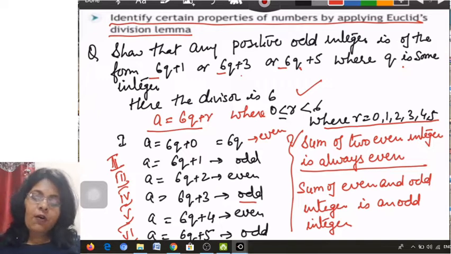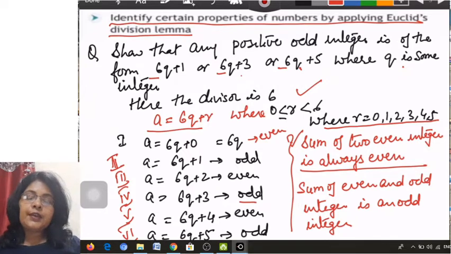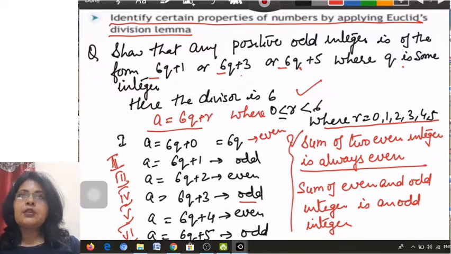With all these conclusions, we will see whether this satisfies the condition or not. It is written in the question: show that any positive odd integer is of the form 6q plus 1, 6q plus 3 or 6q plus 5. Let us see this. The odd integers are 6q plus 1, 6q plus 3 and 6q plus 5.